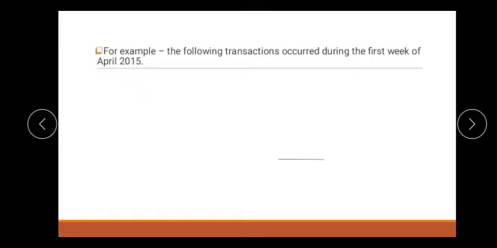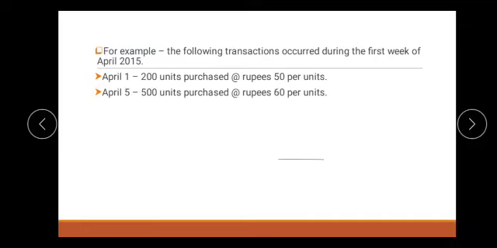For example, the following transactions occur during the first week of April 2015. April 1, 200 units purchased at rupees 50 per unit. April 5, 500 units purchased at rupees 60 per unit. April 10, 300 units sold.